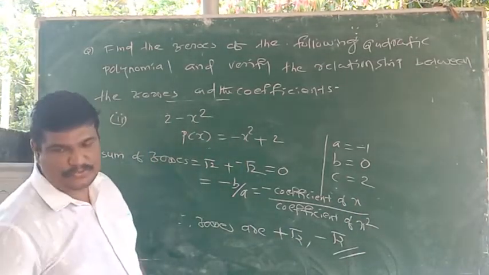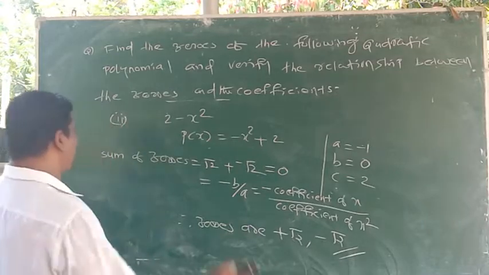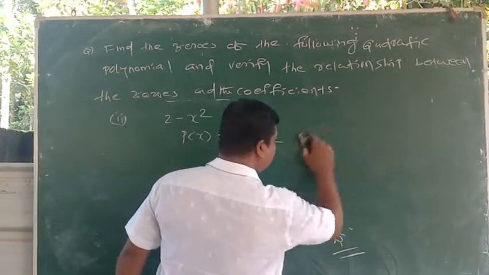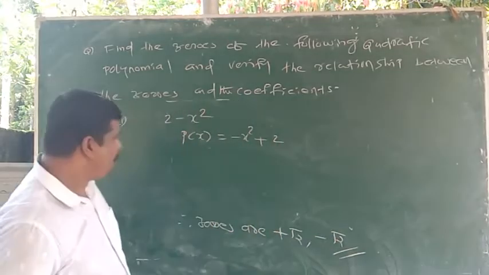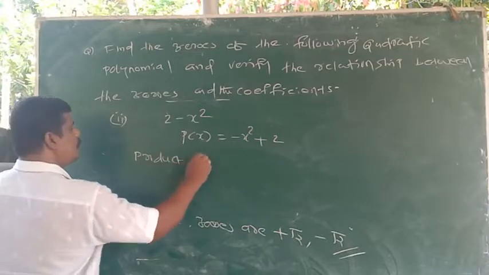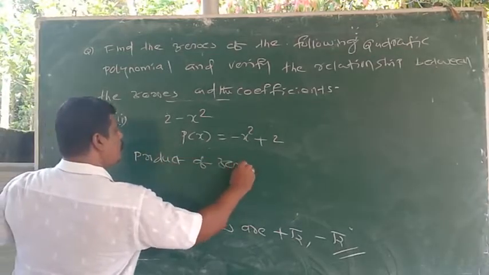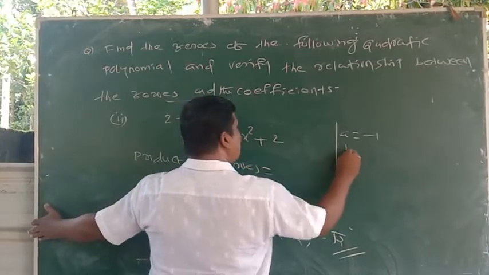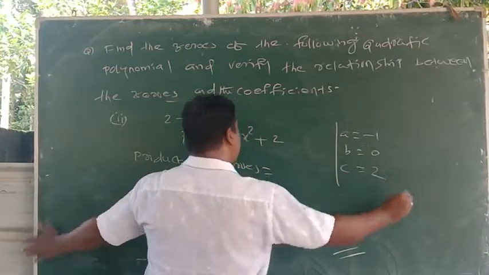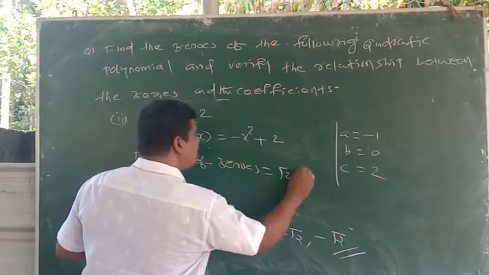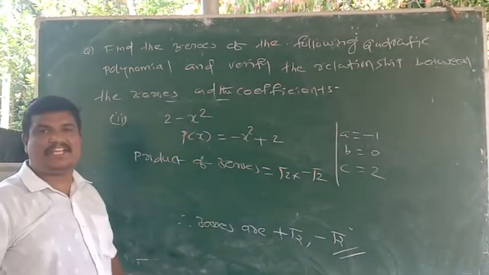Next, the product of zeros. A is minus 1, b is 0, c is 2. The product of zeros is root 2 into minus root 2.